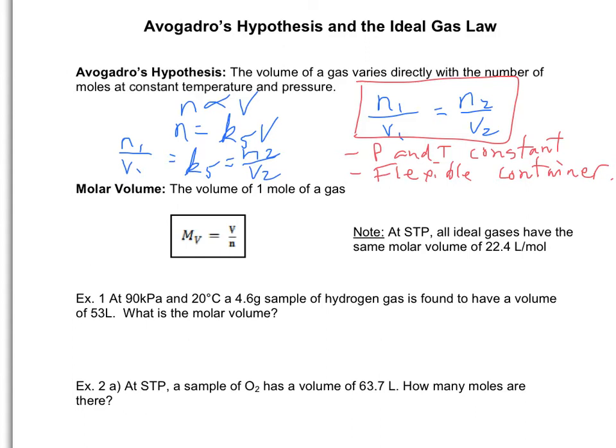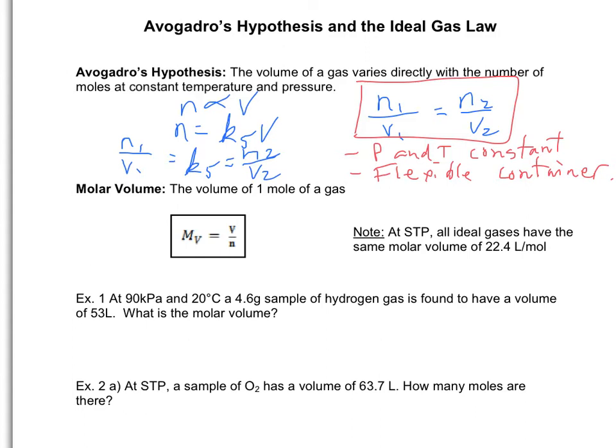What Avogadro noticed when he was comparing different gas samples was that at STP, all ideal gases have the same molar volume, and he determined this to be 22.4 liters per mole. Now you can use this as a shortcut.